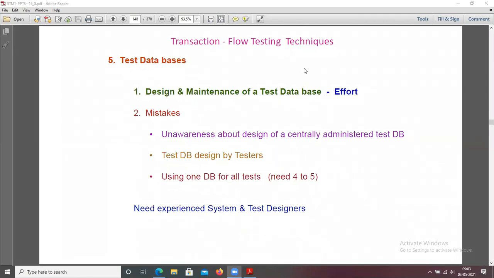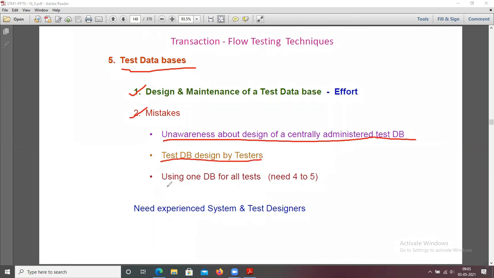Next one, test databases. In the next class, we are going to discuss data flow testing. Test databases: design and maintenance of the test database. The mistakes here are unawareness about the design of a centrally administered test DB, and test database design by testers using one DB for all tests.